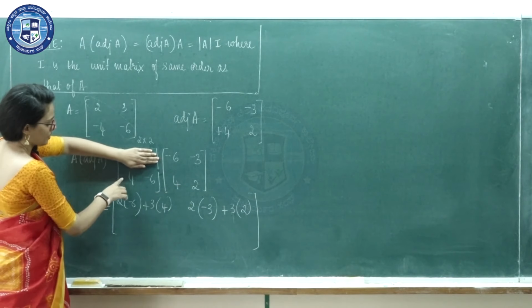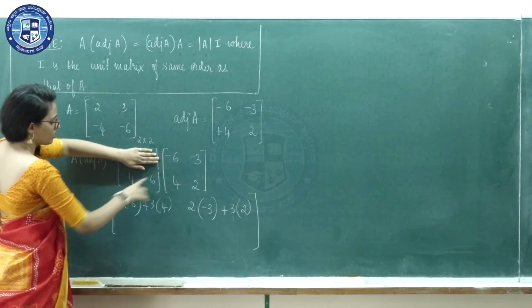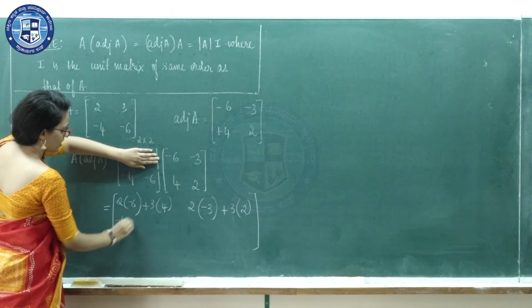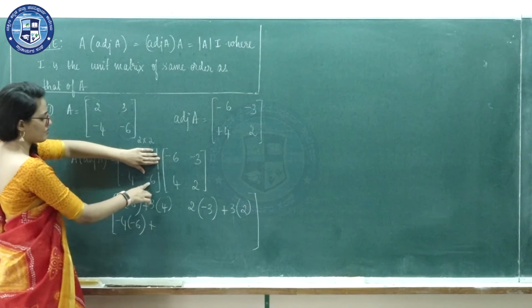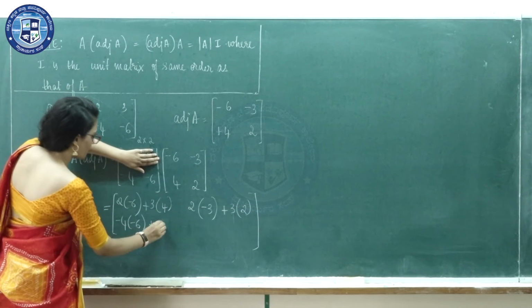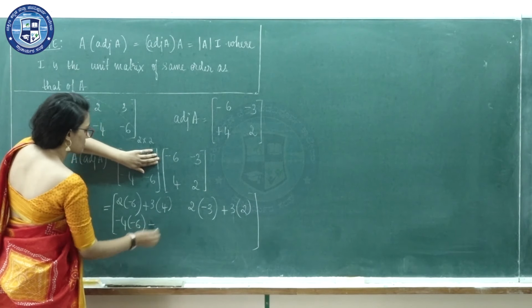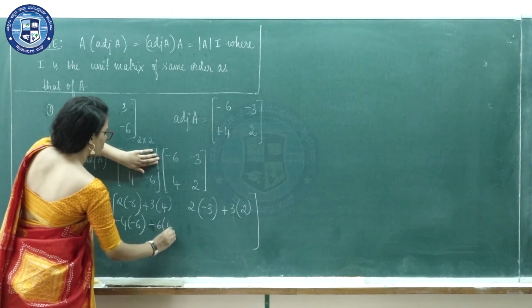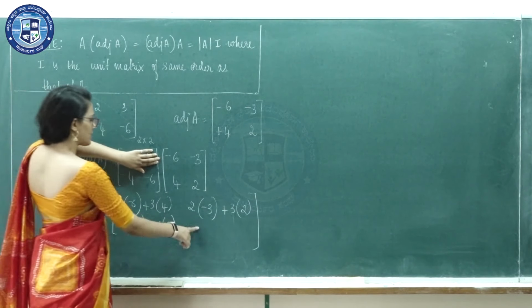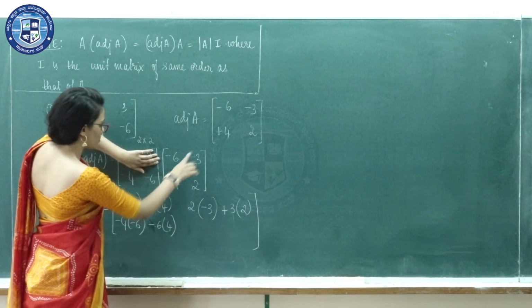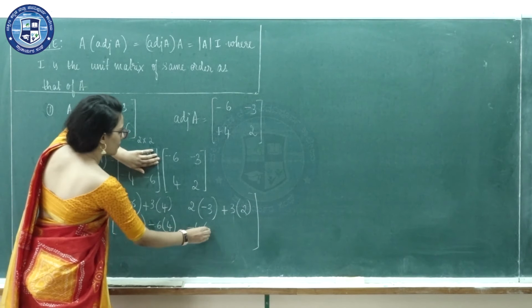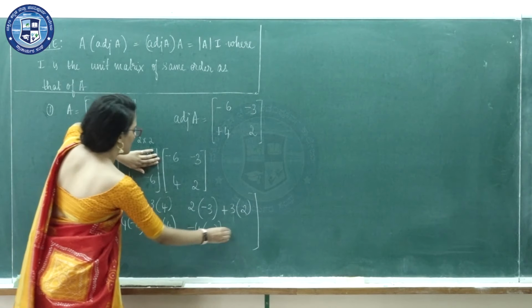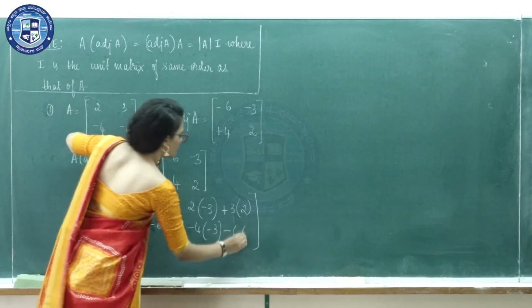Next term second row with the columns. So minus 4 into minus 6 plus we have minus 6 into 4. Next term here, this row with the second column. So minus 4 into minus 3 minus 6 into 2. Okay.